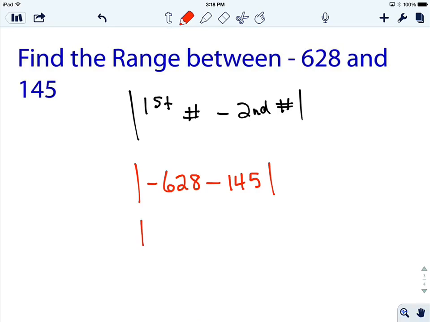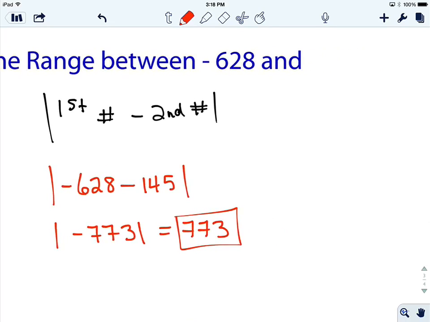So negative 628 minus 145 is going to be negative 773. And that means the absolute value of negative 773 is 773. But just to show you, what if you went the other way and went backwards? What if you did the absolute value of 145 minus negative 628?